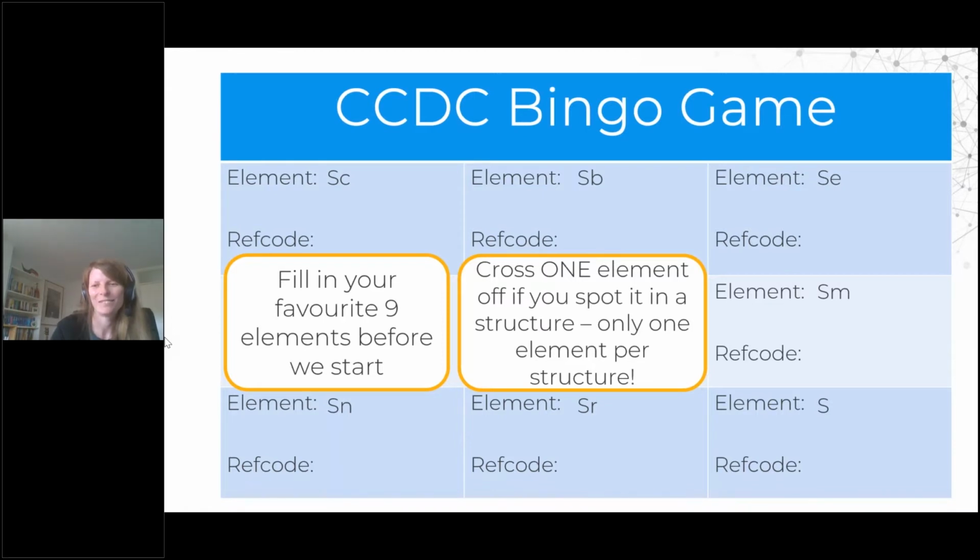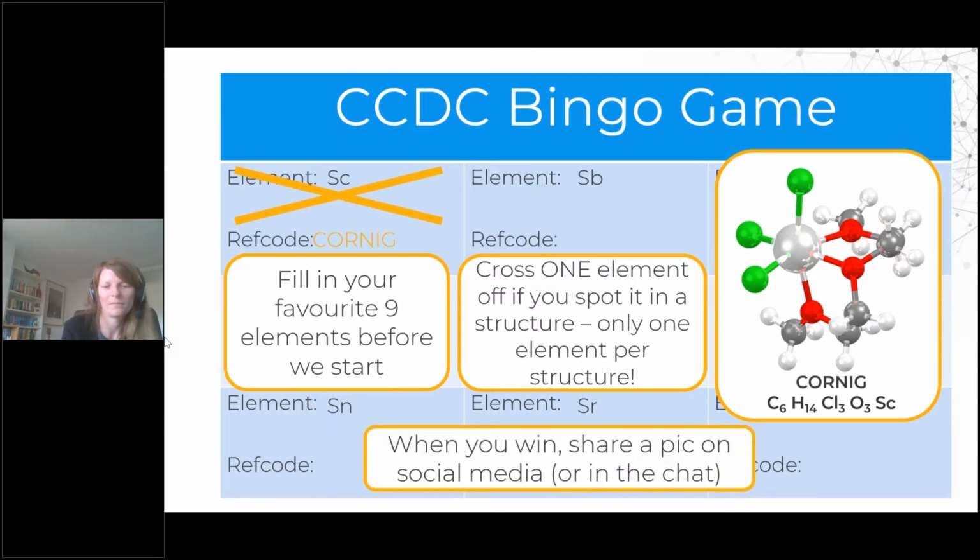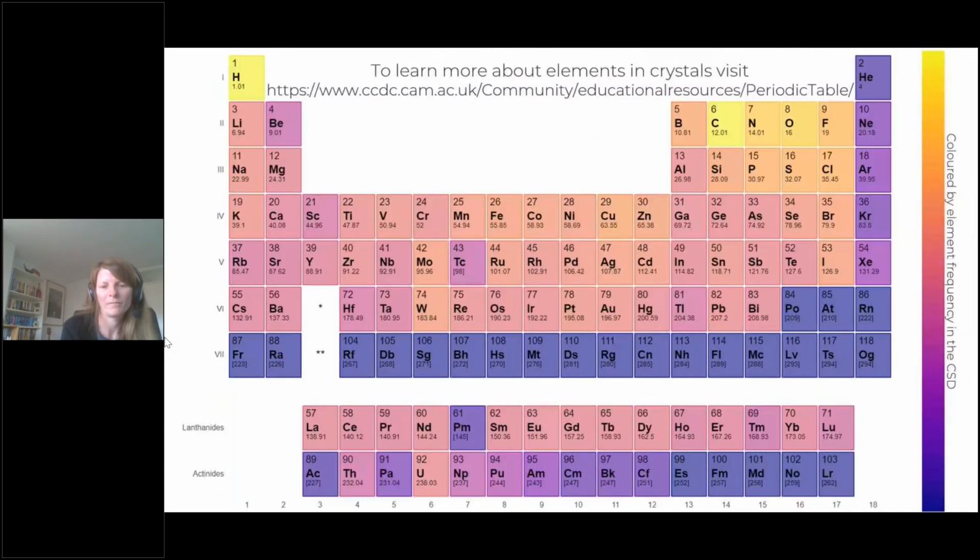Once you see an element or molecule that you have on your bingo card, you can cross it off and add the ref code. At the end, hopefully we will have someone winning, so you can share a picture on social media or call bingo in the chat.